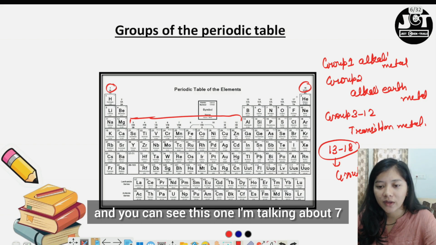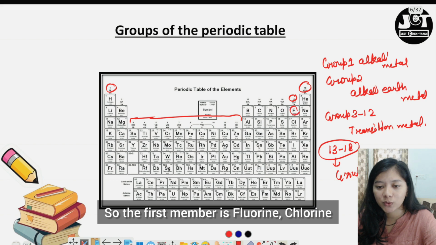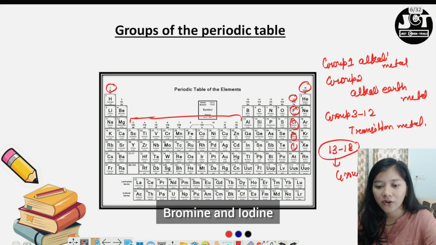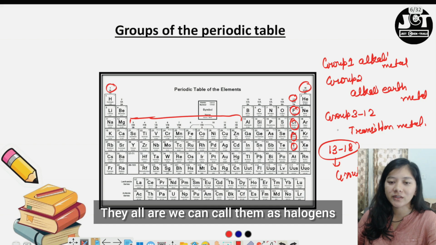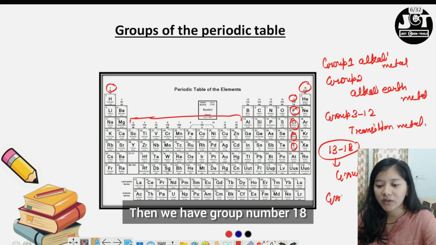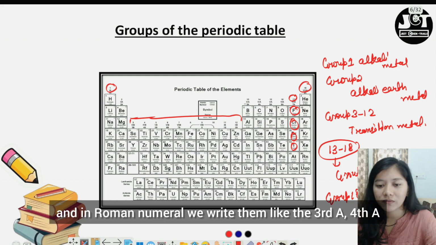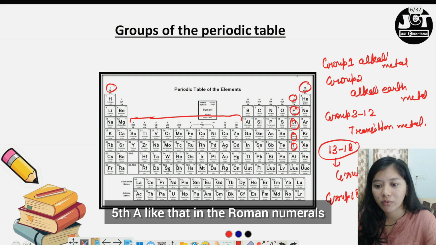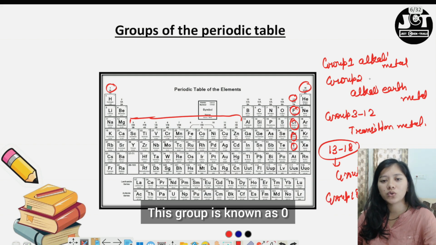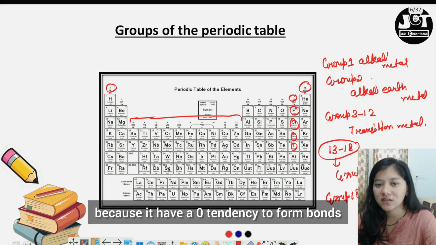You can see this one I'm talking about, group 17. The first member is fluorine, then chlorine, bromine, and iodine. They all we can call halogens. Then we have group number 18. This group number 18 is also known as 0, and in Roman numerals we write the others like third A, fourth A, fifth A. This group is known as 0 because it has a 0 tendency to form bonds.